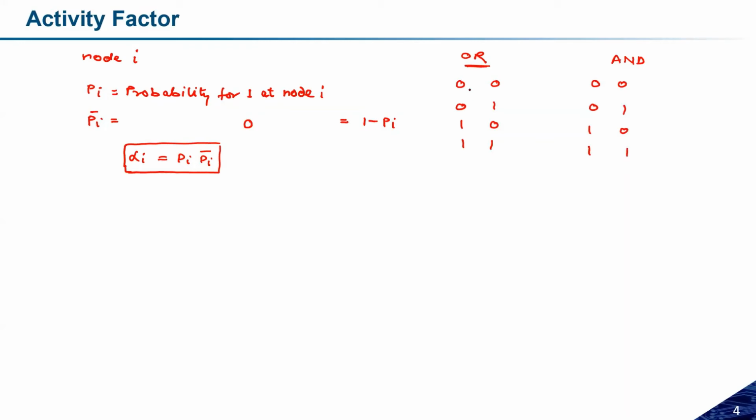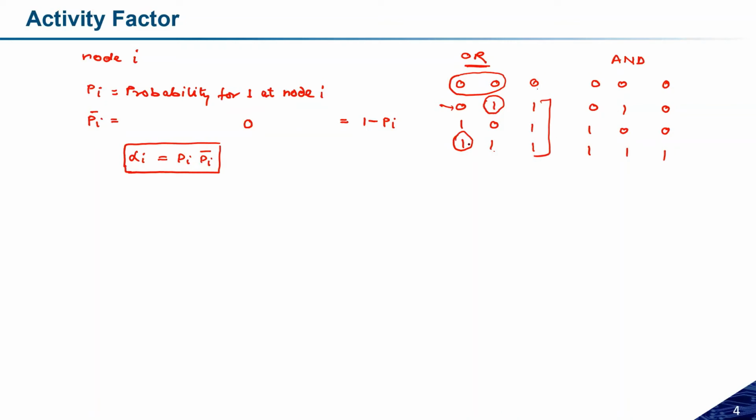Now if you see here, for OR the output will become 0 1 1 1. Similarly for AND, the output is 0 0 0 and 1. Even though I have fixed one input and am changing the other input, say from 0 to 1, there is no change in the output.